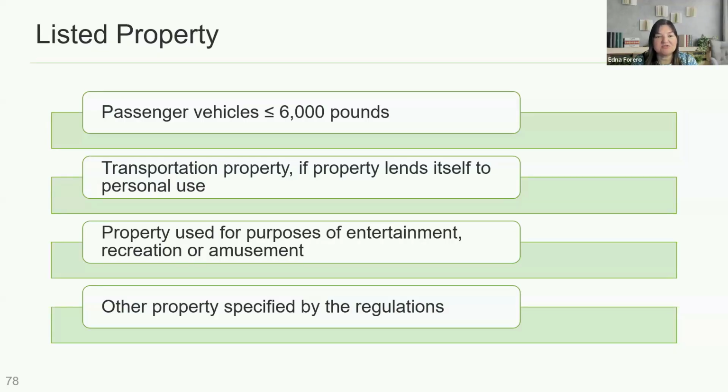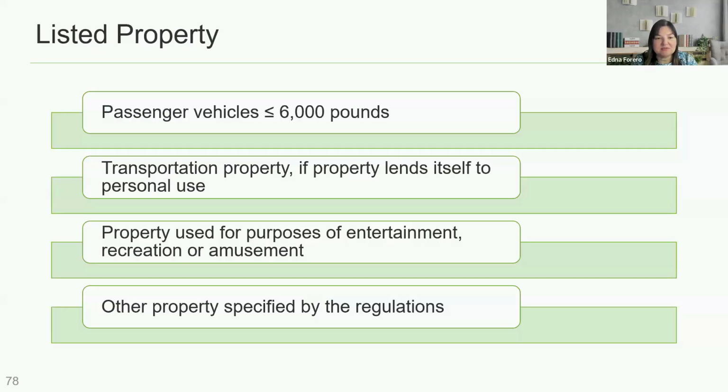So passenger vehicles under 6,000 pounds, transportation property, if it could be used for personal use, property used for purposes of entertainment, recreation, or amusement, or other property that's specified under those regulations. So listed property is a specific class, and it's subject to that special tax rule set.